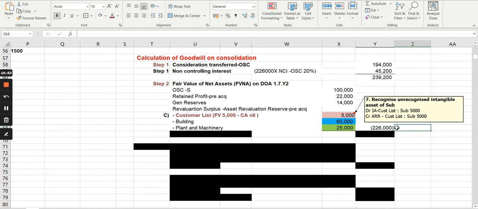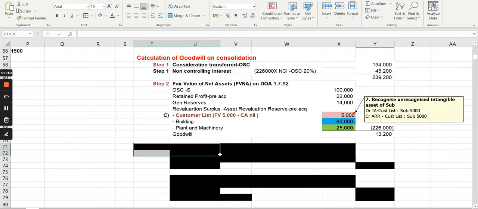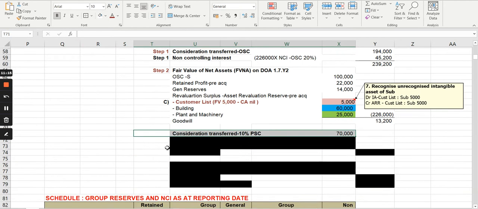If you watch my video on Goodwill, now you'll get the first Goodwill, which is the Goodwill on consolidation for the acquisition of equity share. The next thing that you need to do is to calculate the goodwill for the acquisition of preference shares.